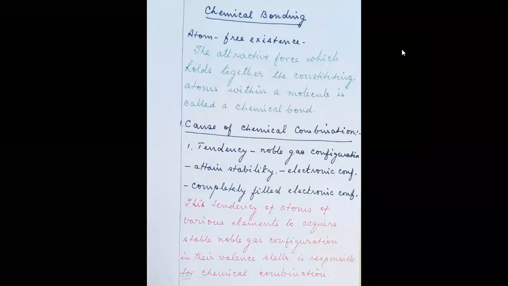But hydrogen cannot exist in the atomic form, and chlorine also cannot exist in the atomic form. But hydrogen and chlorine can combine and exist in the form of a molecule, and they are very stable molecules. So the attractive force between two atoms, whether they are of the same kind or of different elements, doesn't matter.